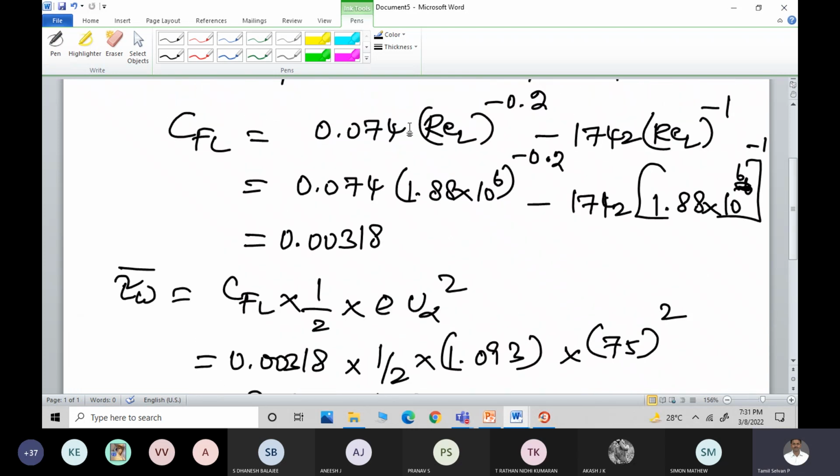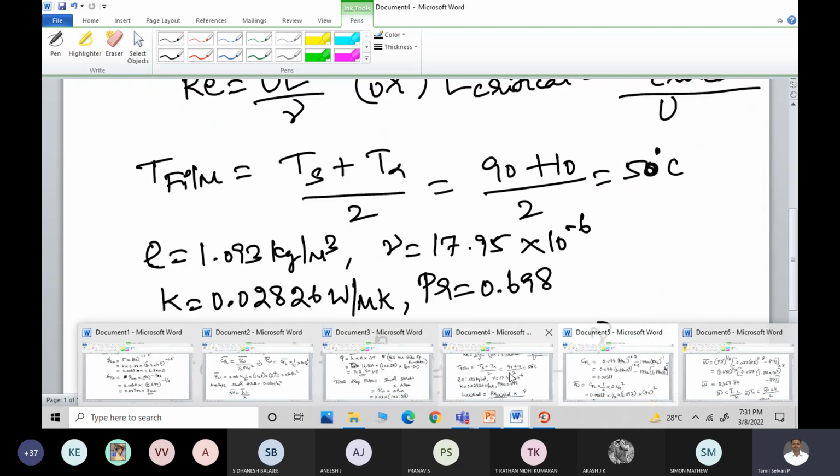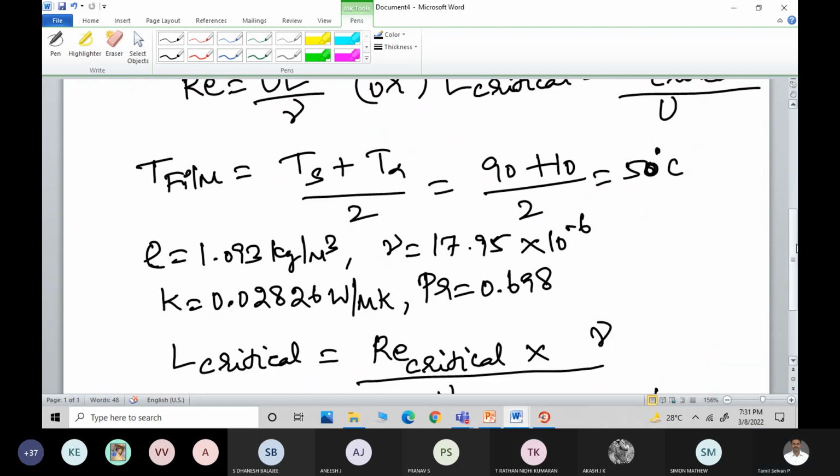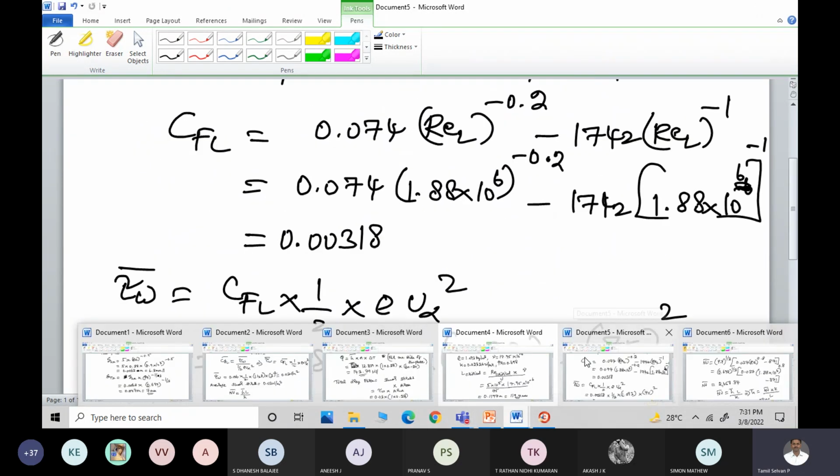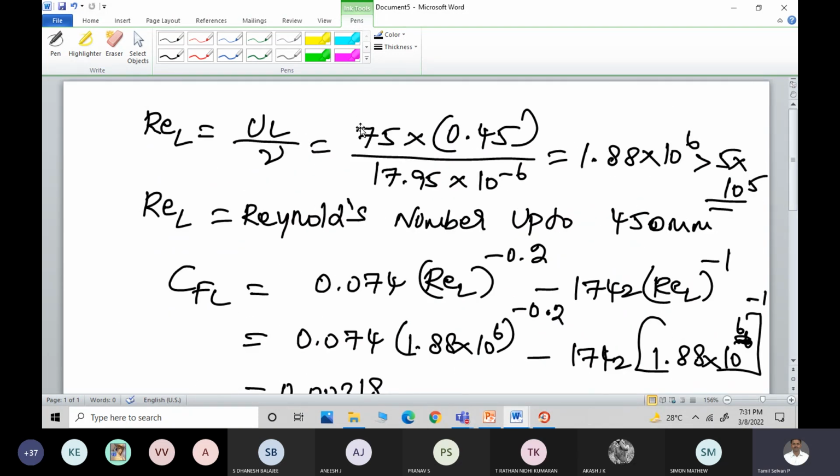The CFL values change because the Reynolds number changes. The critical Reynolds number is going to be the same, like 119.7. But the Reynolds number changes because in place of 0.45, it becomes 0.6. So you will get an increased value compared to 1.88 into 10 power 6.